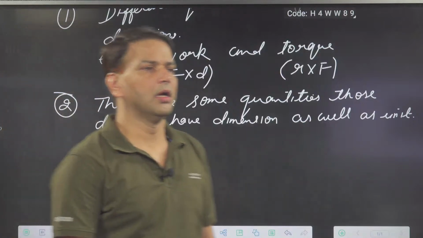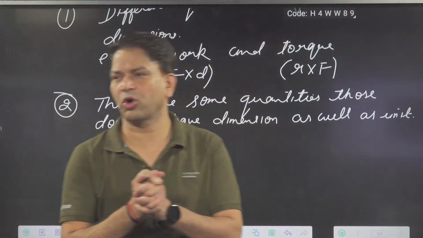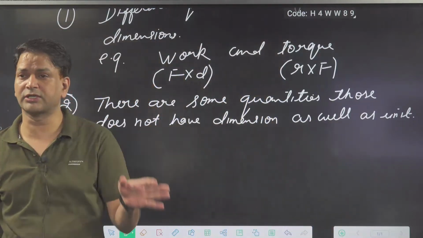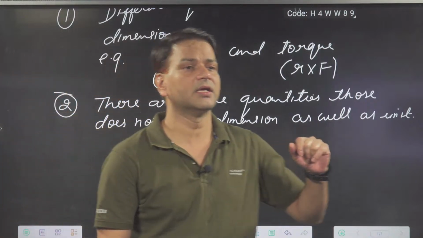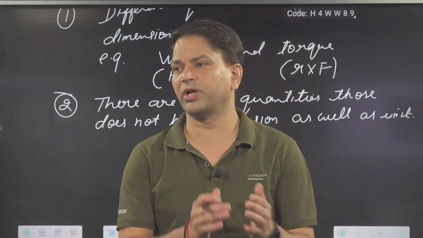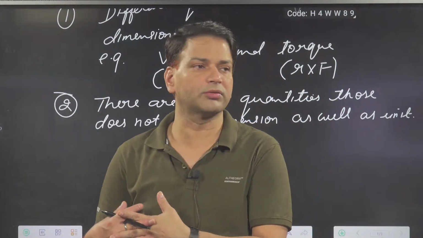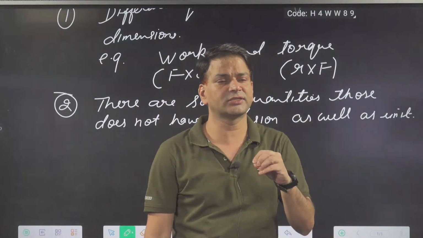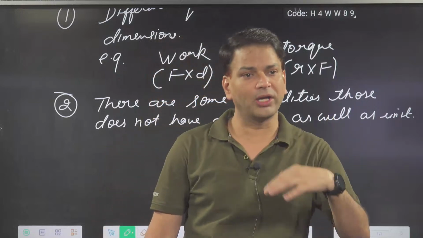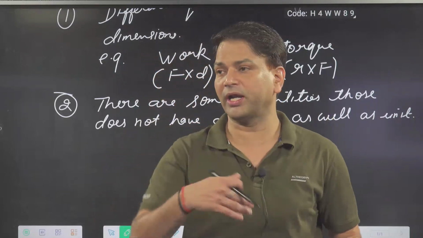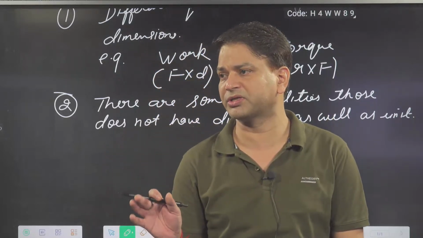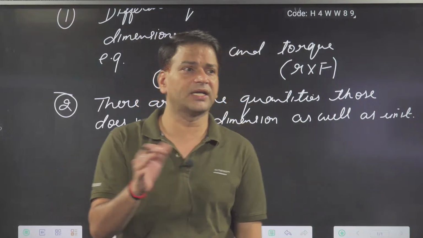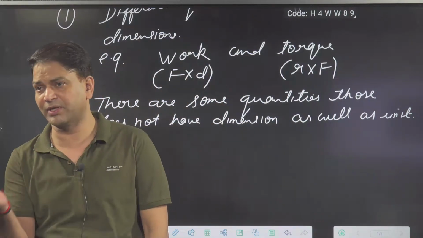Some quantities don't have a unit as well as dimension, like strain, which you will learn later. What is the formula of strain? Change in length upon original length. Change in length has a length unit, and it is divided by a length unit. So length upon length, there is no unit and no dimension. So strain is an example that has no unit as well as no dimension.